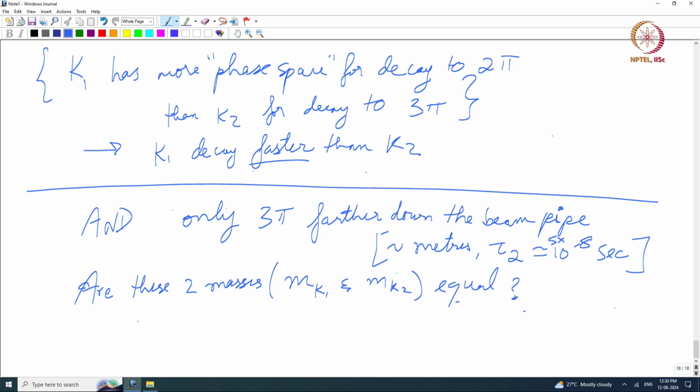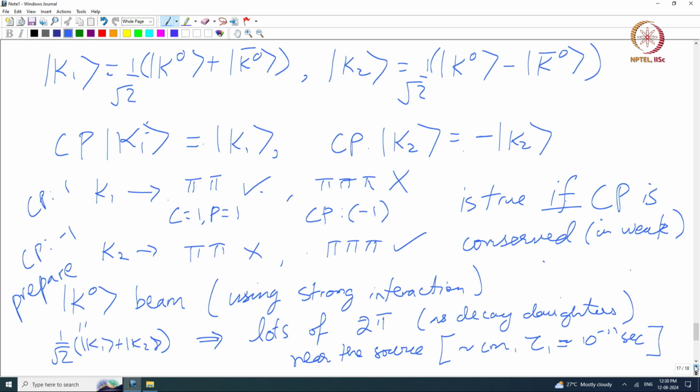Why is that? Because if I apply a charge conjugation on K1, that does not give me K2. Let us go back to this. We have K1 as K0 plus K0 bar. If I apply C on that, I recover K1 only, I do not get K2, because K2 has a minus sign in it.